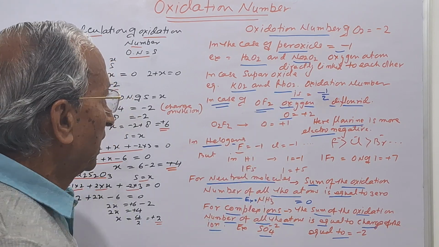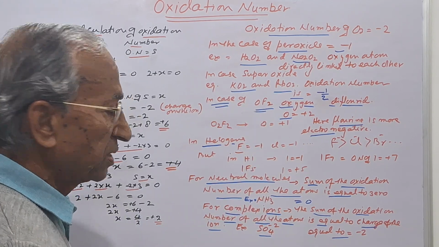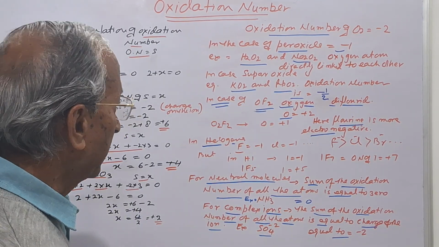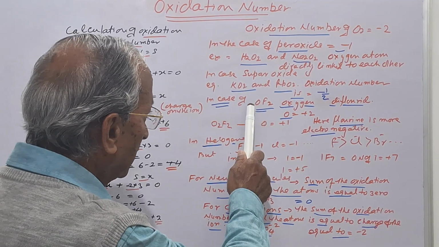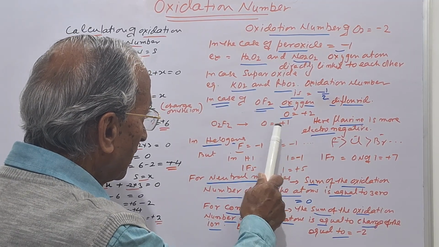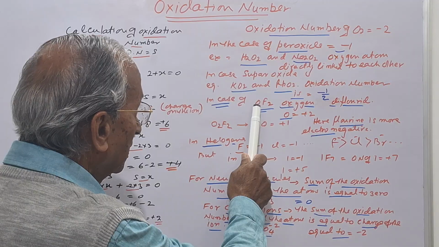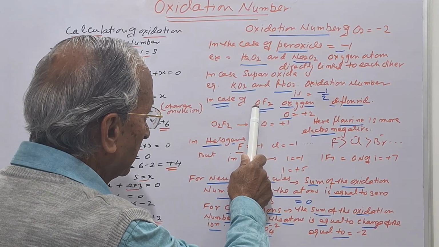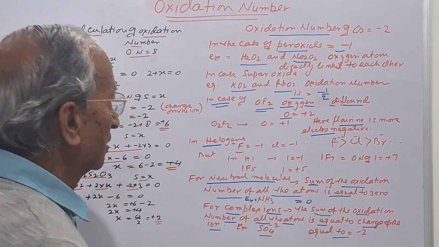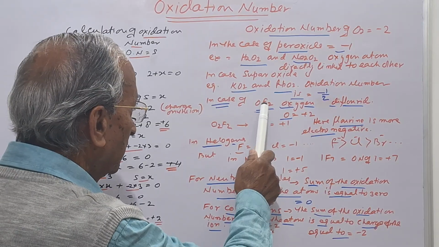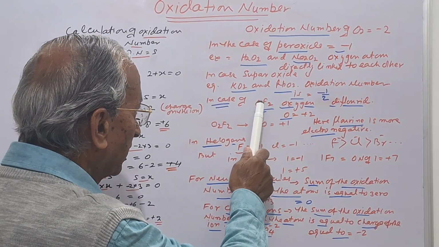OF2. You know, fluorine is more electronegative. So in the case of OF2, the oxidation number of oxygen becomes +2, because here in OF2 fluorine is more electronegative than oxygen.